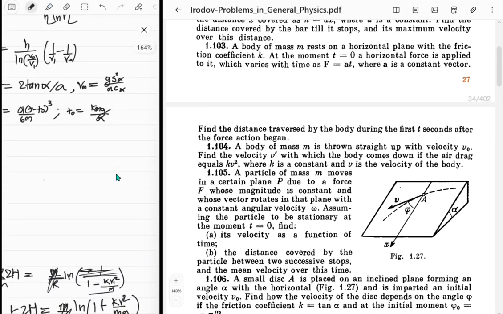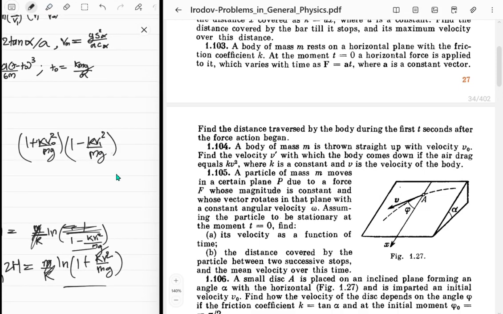So what it's saying is that 1 plus kv squared upon mg times 1 minus k v1 squared upon mg, that should be 1, because natural log of this plus natural log of that is equal to 0. So natural log of a plus natural log of b is equal to 0, so ab is equal to 1, of course. Makes sense.